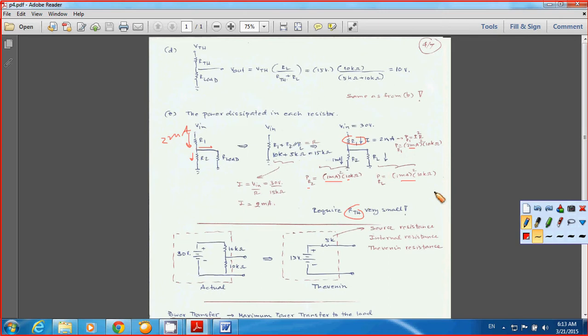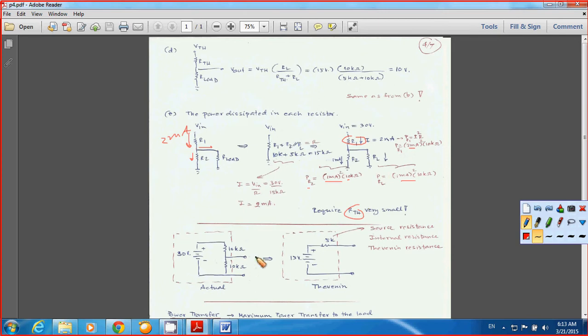So let's get back to the circuit here. You start with the actual circuit. You have Vin 30 volts, and you have R1 and R2 in series, 10k ohms and 10k ohms, and this is your Vout port. You're ready to bring the load, or the electronic device, to connect to this node here.